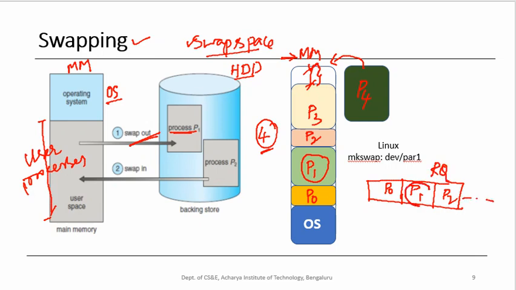Suppose now the dispatcher selects P1 for execution, then the operating system is going to bring the same process P1 back into the main memory, and this activity is called swapping in from the swap space.